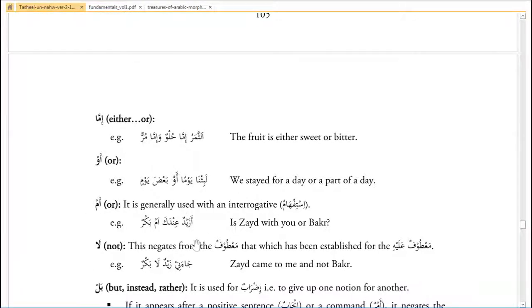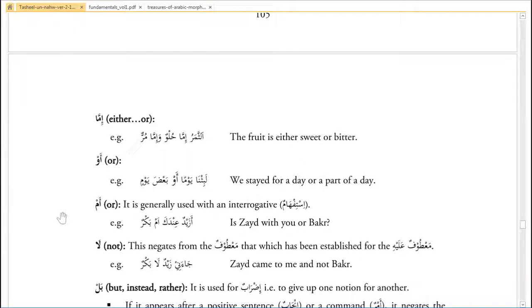For example, أزيد عندك أم بكر? أزيد عندك, is Zaid with you? أم بكر, or Bakar? So is Zaid with you or Bakar? So أم is used for istifham, asking a question.